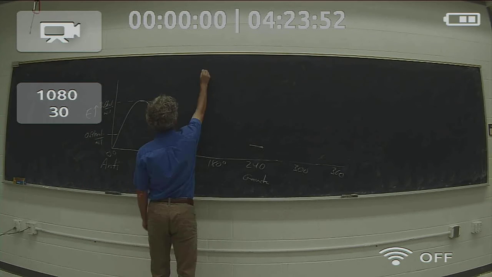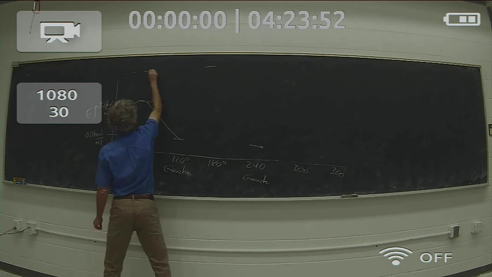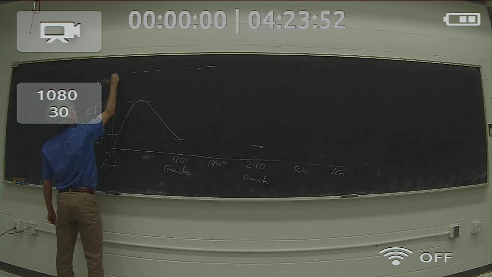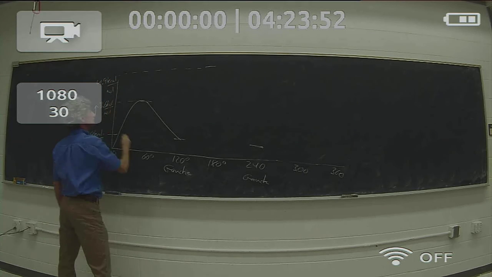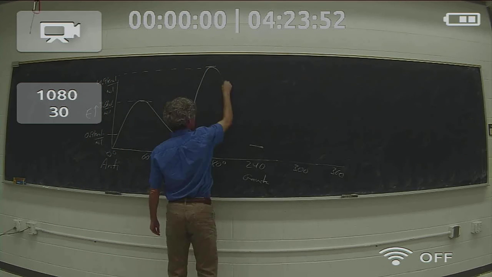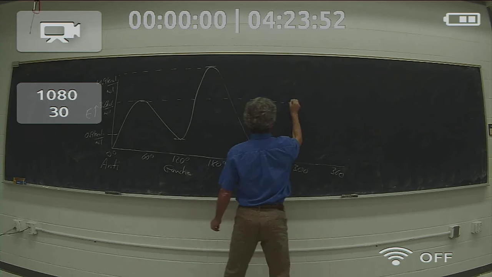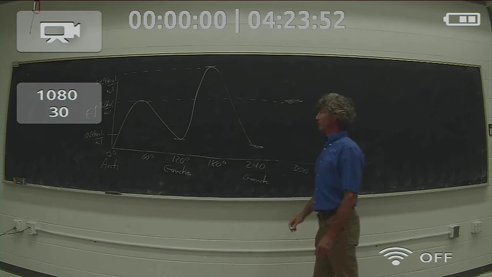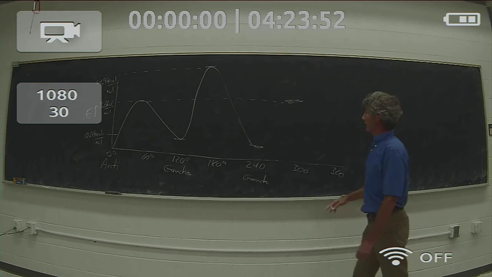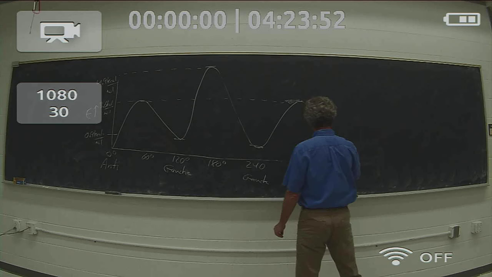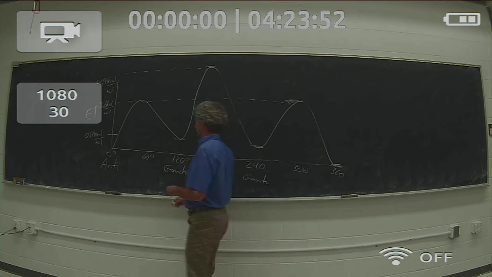And then the 180-degree conformer was way up here at 4.9 kilocalories per mole. The 300-degree conformer was the mirror image of the 60-degree conformer, and therefore should be at the same energy of 3.6 kilocalories per mole, and then back to our 0 point.